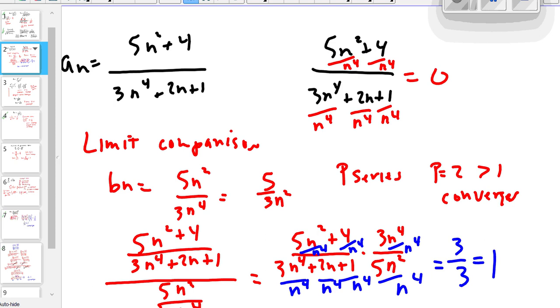That one will be larger than our a sub n. Now that one is a simple p series, because if I simplify it, this is 5 over 3n squared. So for the p series, our power is 2, and 2 is greater than 1. Therefore, by the p series, this converges.